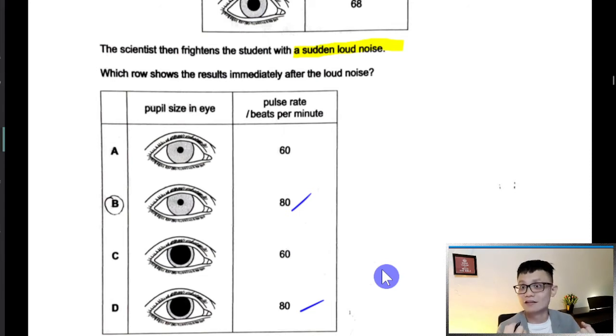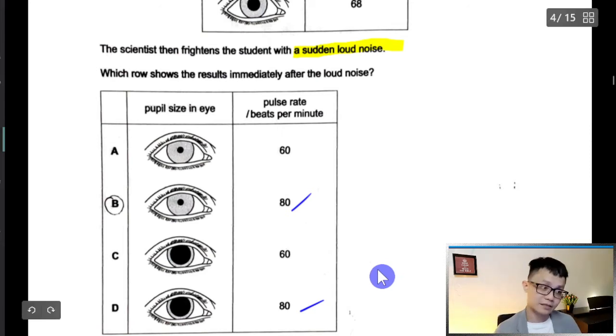Before we run in a competition also, our heart pumps faster. When chased by a dog, or when people scare us, that is our natural body response towards danger. So there is more oxygen to our brain and muscle cells, so of course the pulse rate will go up.